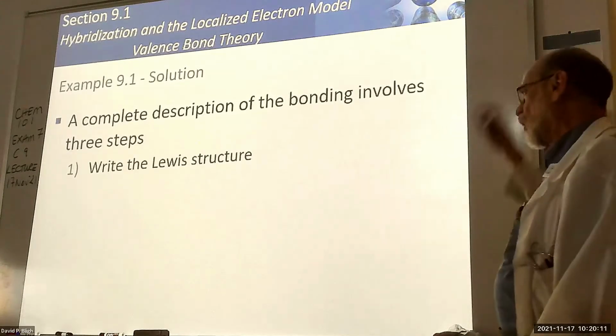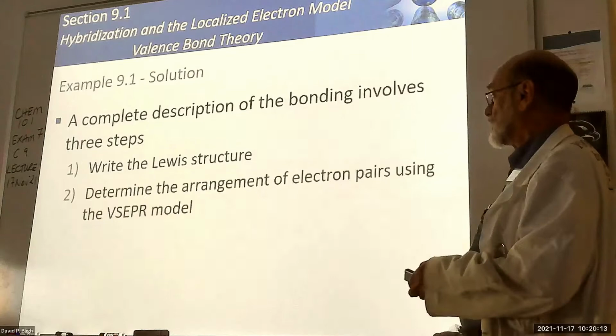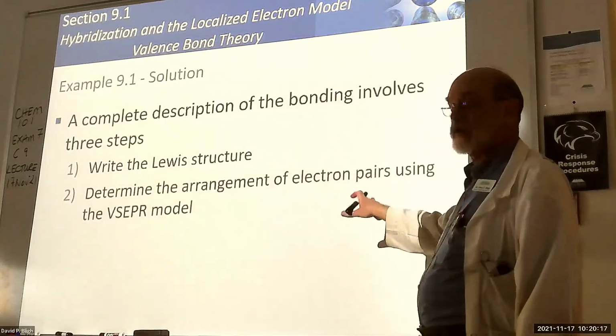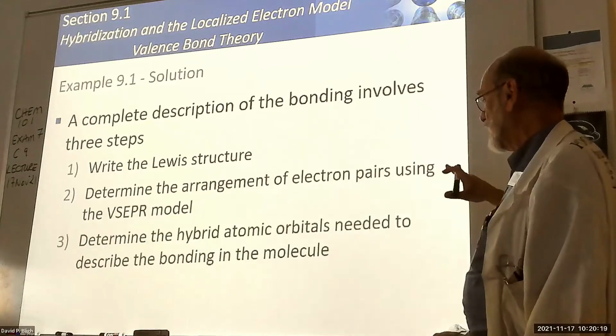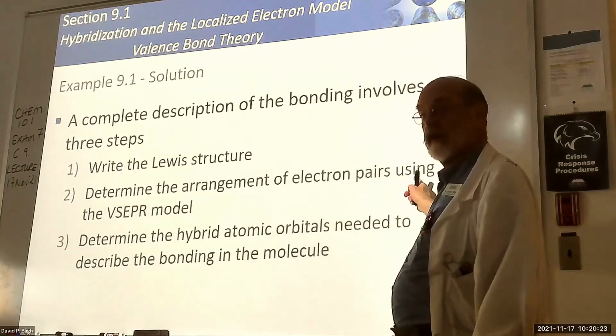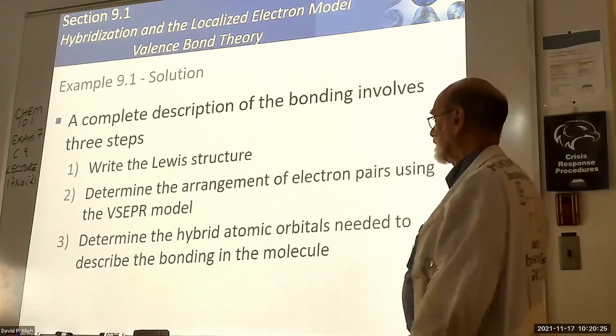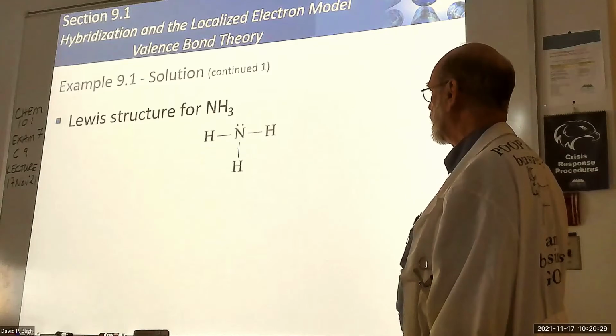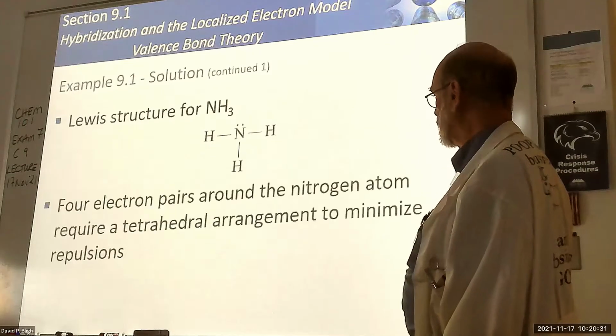So this is, in words, what you do. Write the Lewis dot structure. Use your VSEPR model to find out what the electronic structure is, and then apply the proper hybridization to give you that electronic structure. Okay, I'm going to put it in a table in a minute. So there's ammonia.